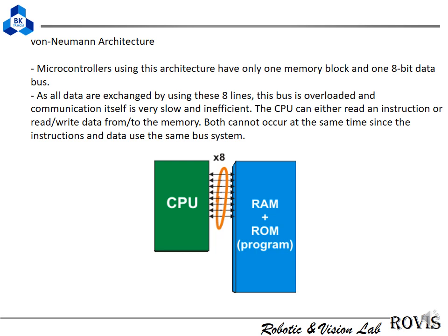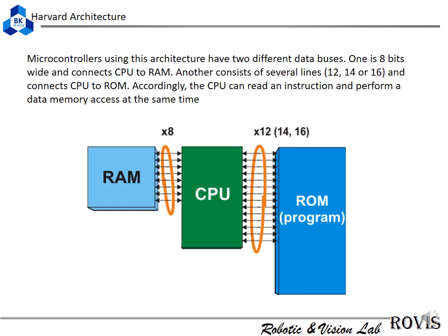That means we have to access the RAM and then the ROM serially. But nowadays the RAM and the ROM are already separated into two blocks, so we can access them at the same time.